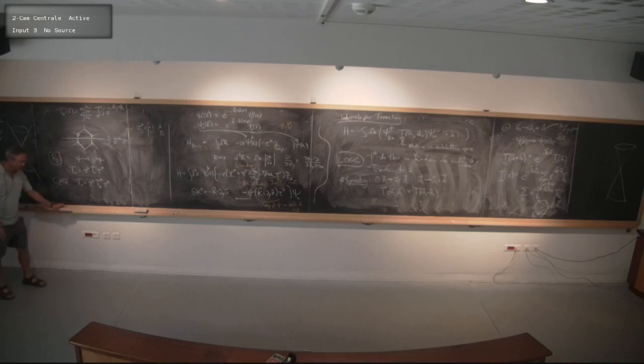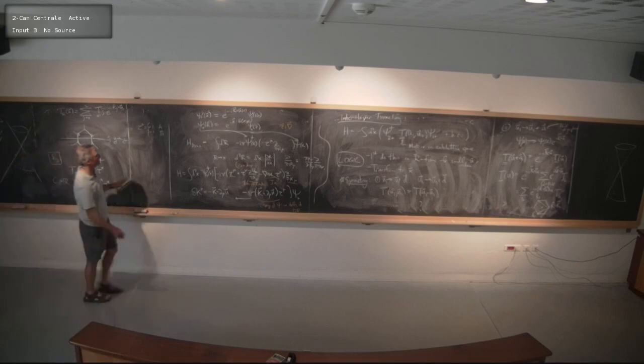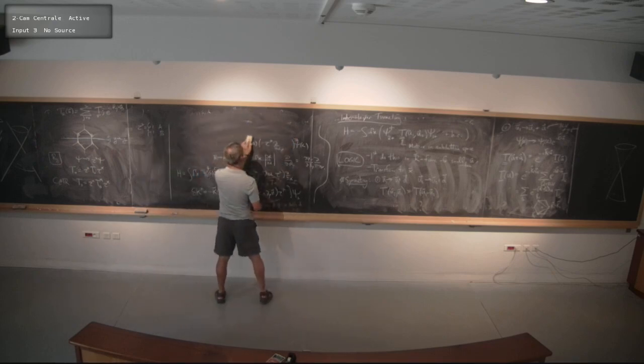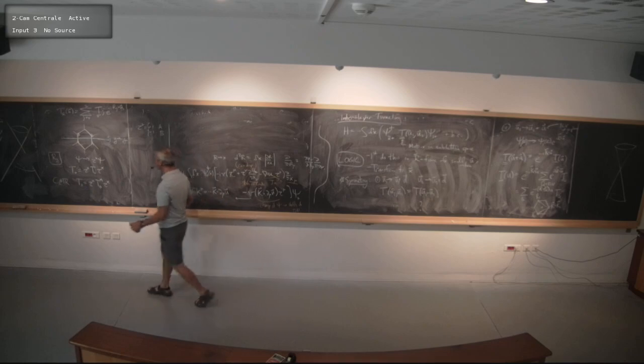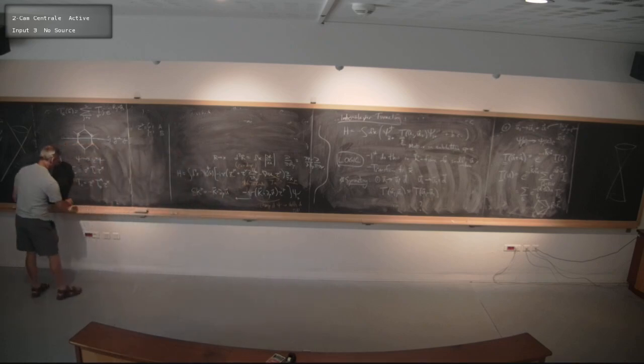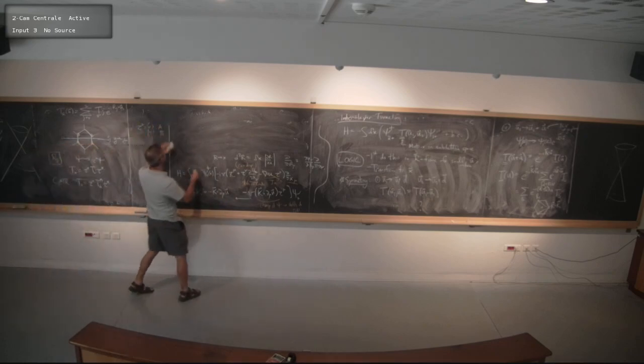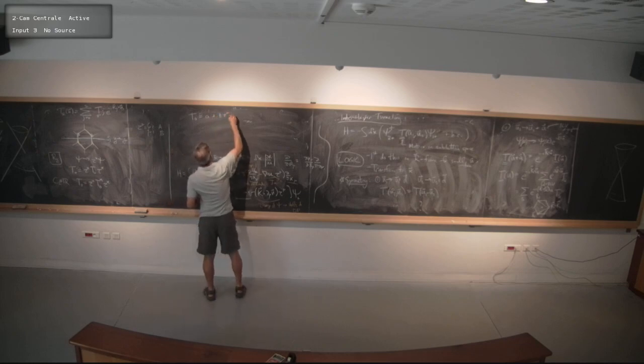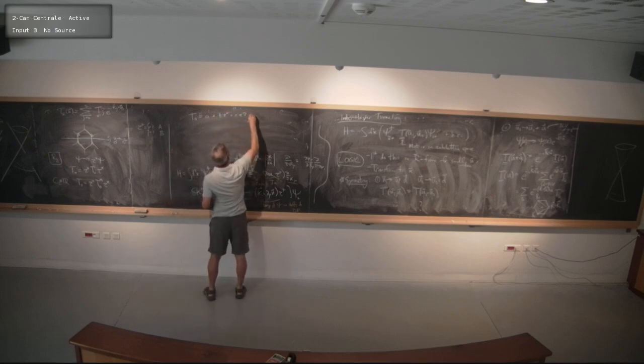This might be a little heavy for the experimentalists, but if we look at this, it's actually pretty simple. We can solve that. How do we solve it? Any general matrix can be written as A plus B tau x plus C tau y plus D tau z.